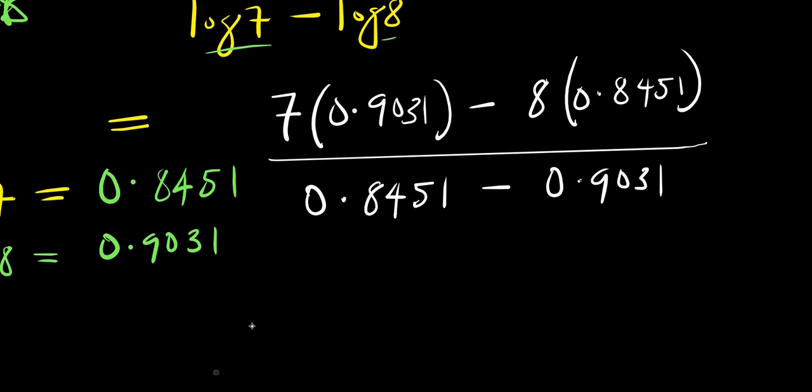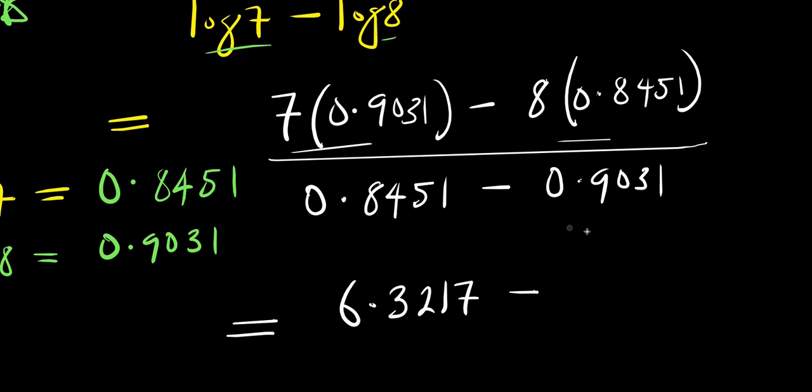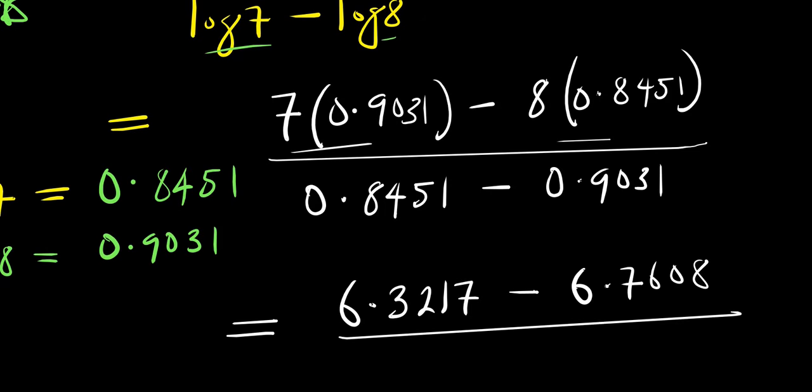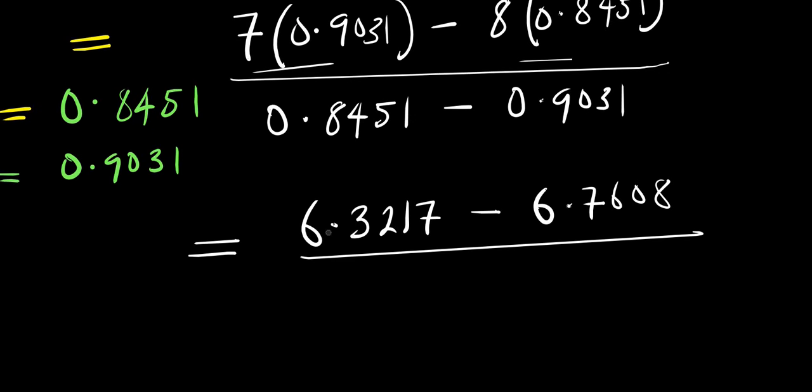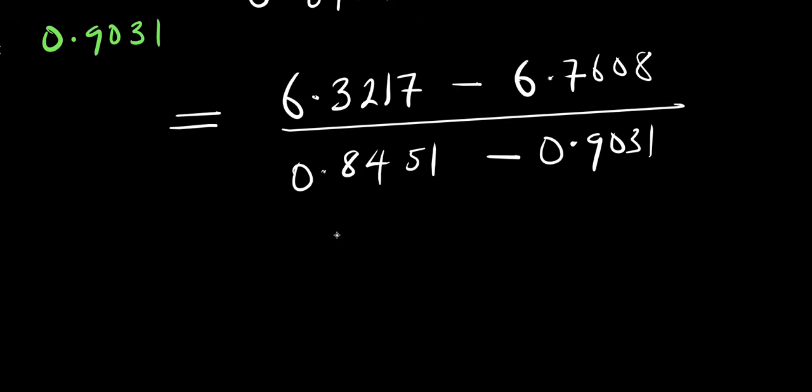So at this particular point in time, we are going to have 7 times this, we have 6.3217 to 4 decimal places, minus 8 times this, we are going to have 6.7608 to 4 decimal places again, divided by 0.8451 minus 0.9031 again. Now let's do the subtraction.